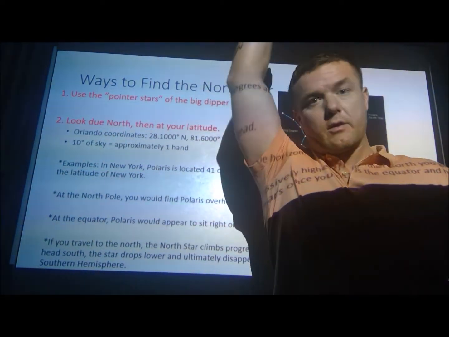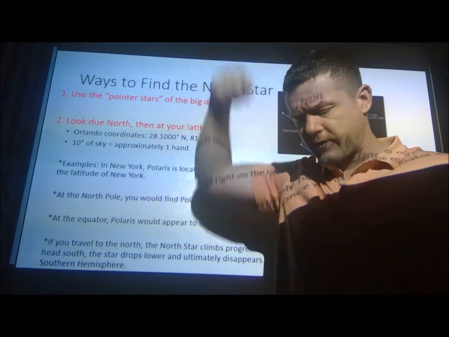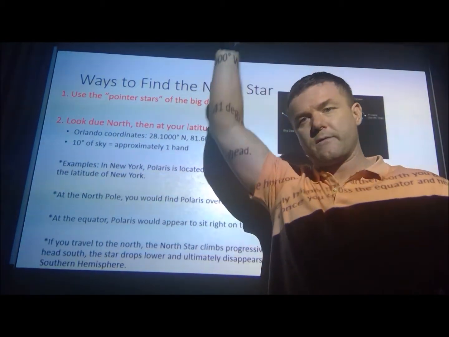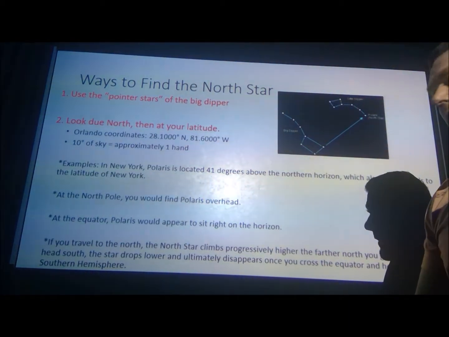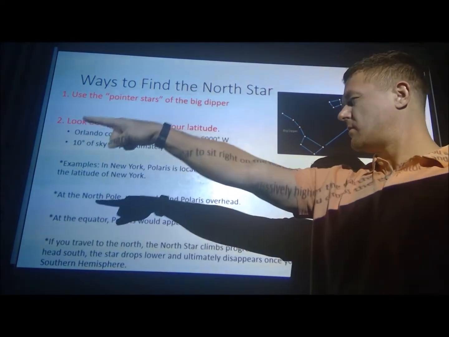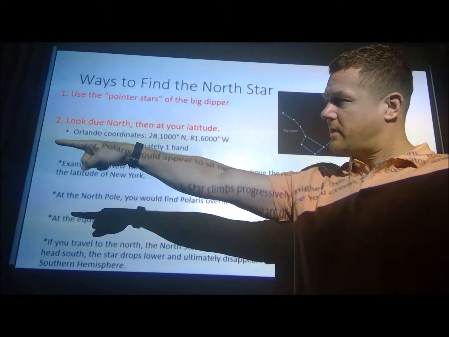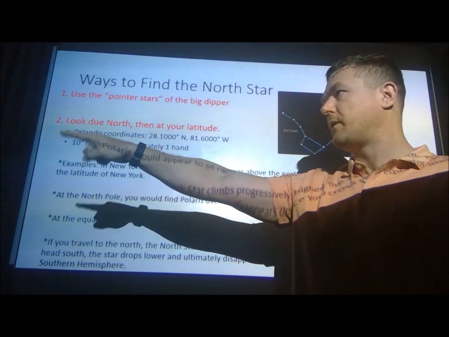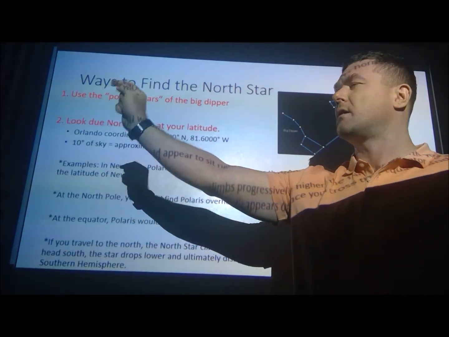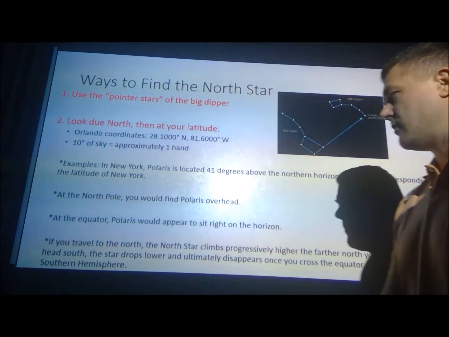You'd have to point directly over your head, which makes sense because if you're at the North Pole, the pole star should be directly over your head. At the equator is at 0 degrees, so you go 0 degrees and don't move your finger at all. If you're pointed directly north, you're going to be pointing at the North Star right at the horizon.